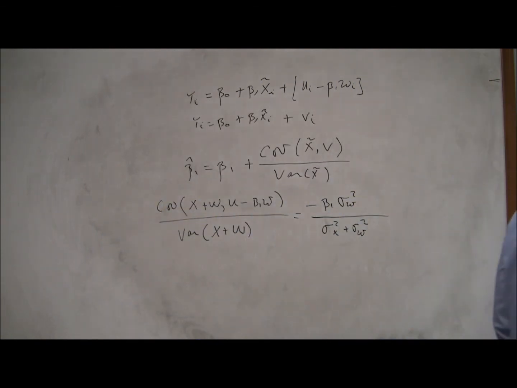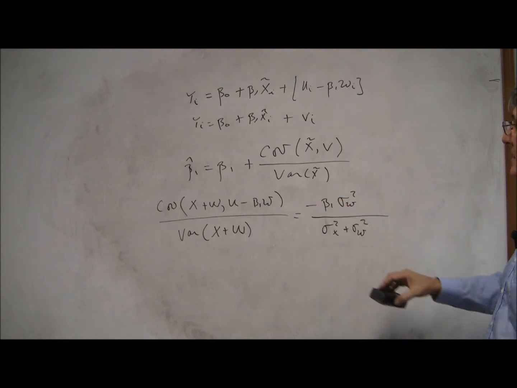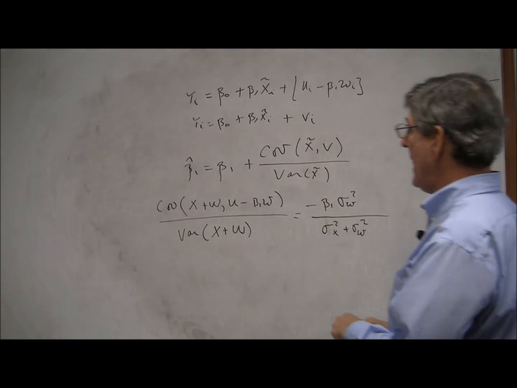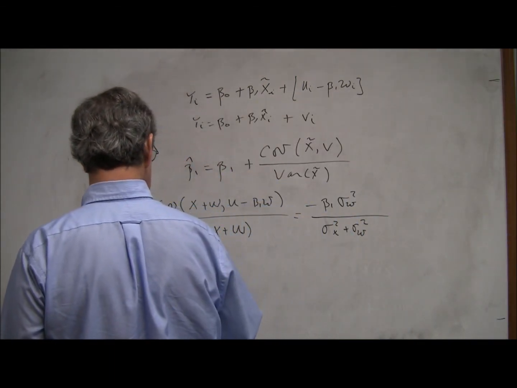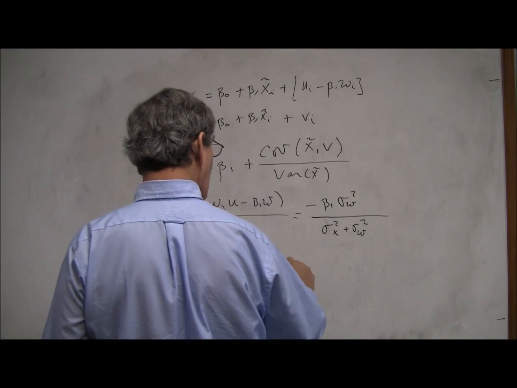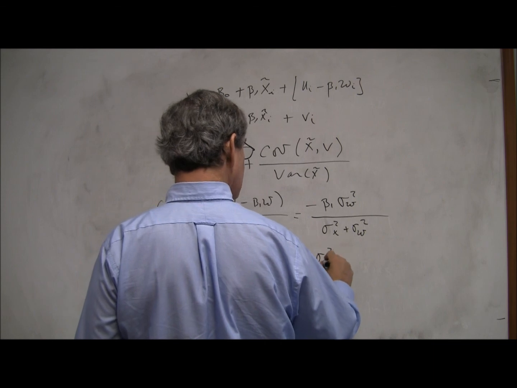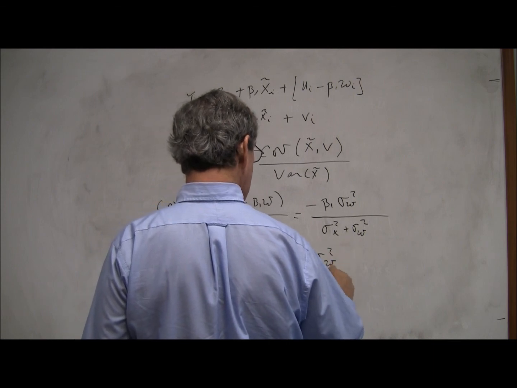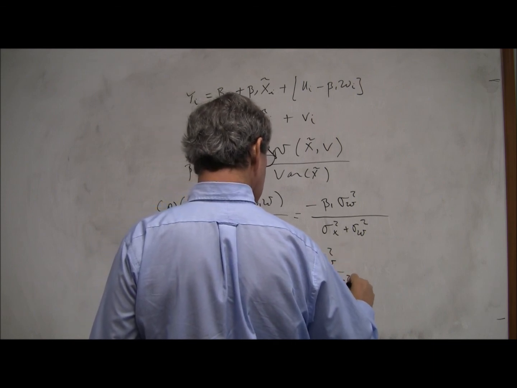So now we know that I can plug in for this. So now we know that beta 1 hat converges to beta 1 minus beta 1 times sigma squared w over sigma squared x plus sigma squared w.